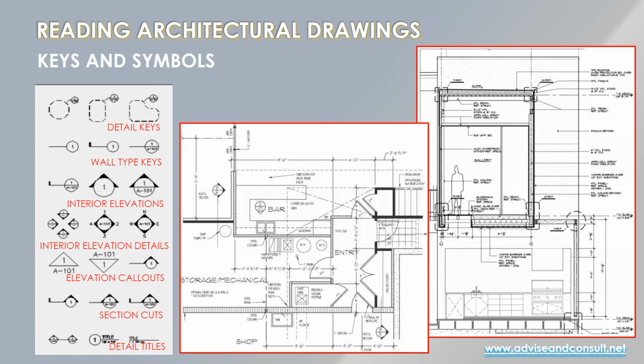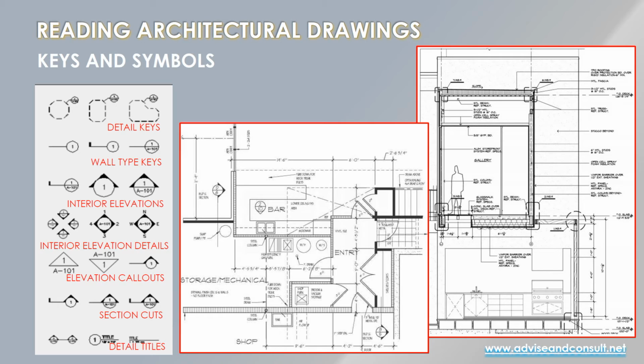So what you're seeing here is a plan and a section, and you'll see a bunch of different symbols all over them. If you look to the left here, these are typical industry standard accepted keys and symbols. A key basically is something that directs you elsewhere in the drawing set to find a specific thing.